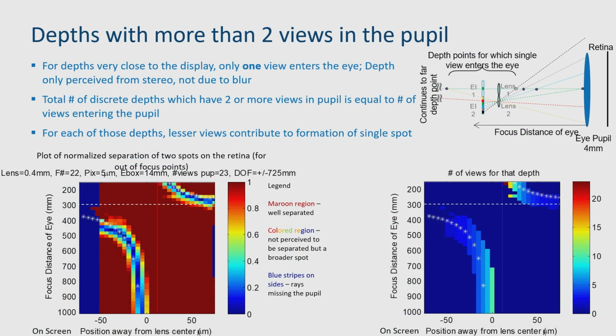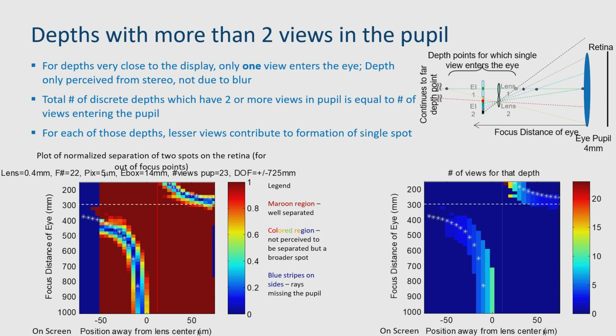So here is one of the important results of what I've studied and plotted. This is one of the key plots. Each of the points on this plot represents the spacing between the 2 spots, as I showed in the previous slides.